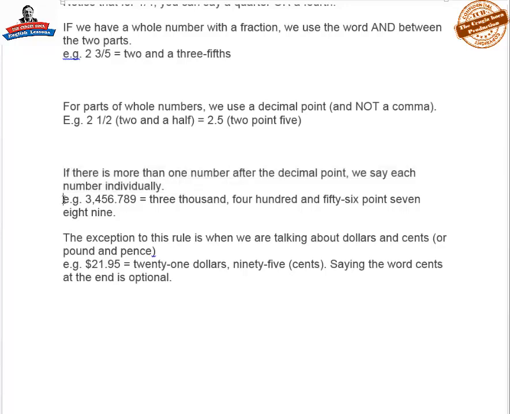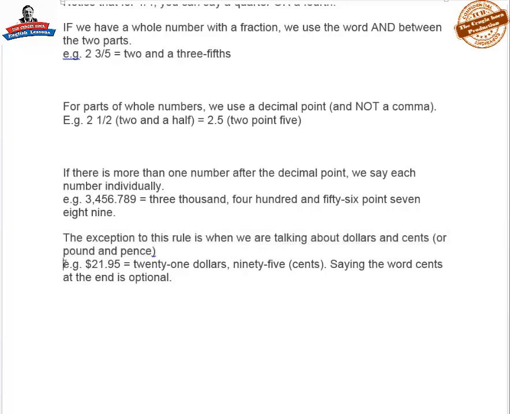For example, 3,456.789. The exception to this rule is when we are talking about dollars or pounds and cents or pennies.